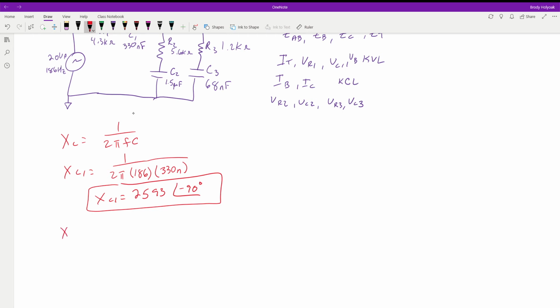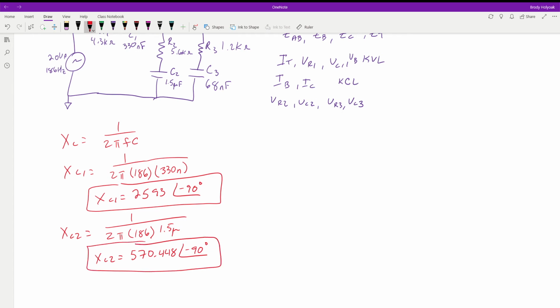Now we're going to solve for the capacitive reactance for capacitor 2. And again, we're going to have 1 over 2 pi times our frequency, which is 186, multiplied by the capacitance, which is 1.5 micro. The capacitive reactance of capacitor 2 is equal to 570.448 at a negative 90 degrees.